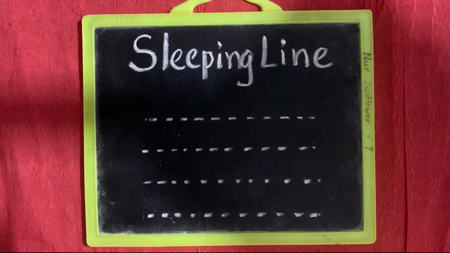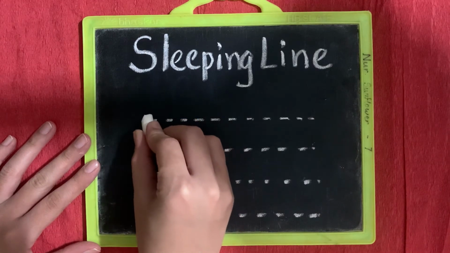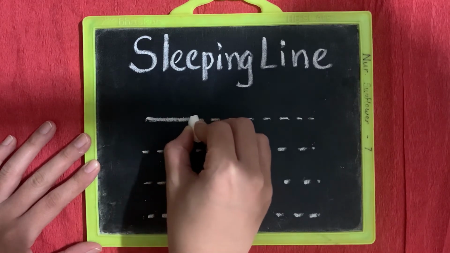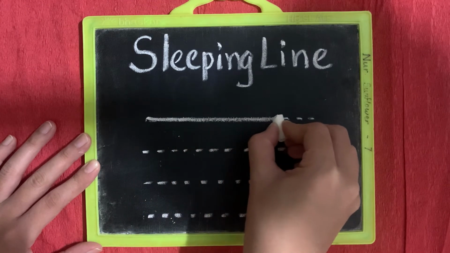Now let us draw sleeping line. Here I have drawn small lines. Now we will join it and make sleeping lines. Children, always start from the left side and slowly go to the right side.